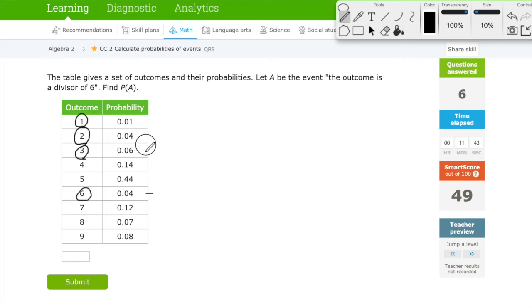So we're adding these together. So if I type that in, I will caution you to be careful. It's 0.01. I just messed that up for a second, so I skipped that 0. Okay, and this adds up to 0.15.